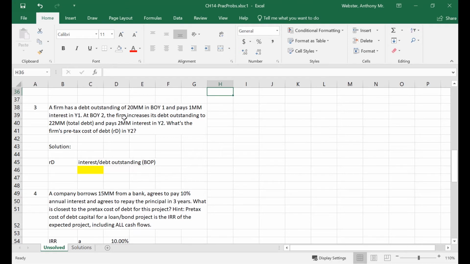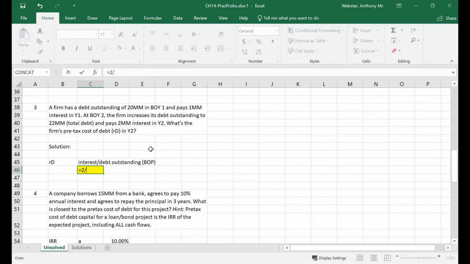Okay, so this is one where maybe more information is given to us than is needed, but to get the RD in this case, all we care about is interest in the year that we're interested in divided by outstanding debt at the beginning of the period. So let's see if we can do that. The question is for year two. So what's the interest that it pays in year two? That's 2.